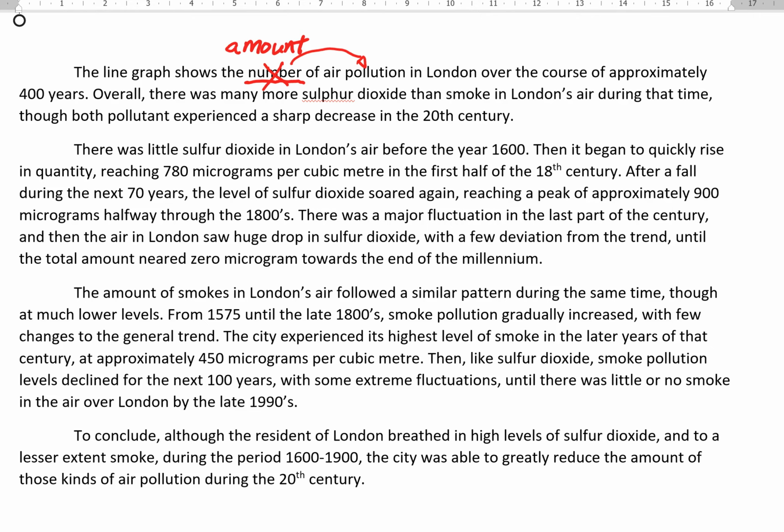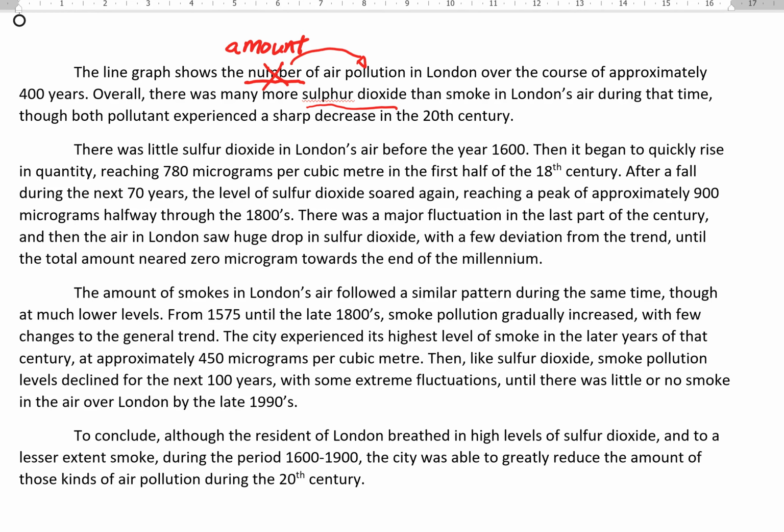Right, let's continue. Over the course of approximately 400 years, plural, right. Overall, there was many more sulfur dioxide. So this again is an issue. Sulfur dioxide, even if you don't exactly understand what it is, it's a chemical, right? And chemicals, generally speaking, are non-count.